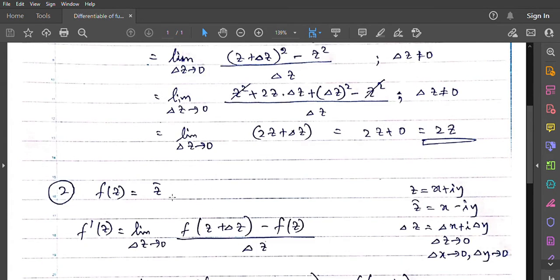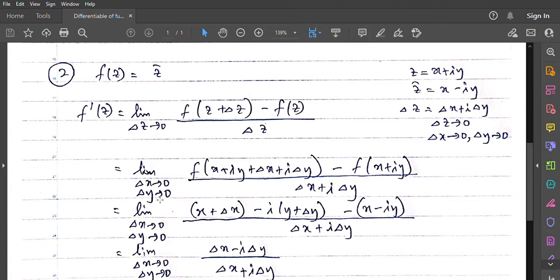So if there is a function like f z equals z bar, we already know that when z equals x plus iy, the bar of z equals x minus iy.